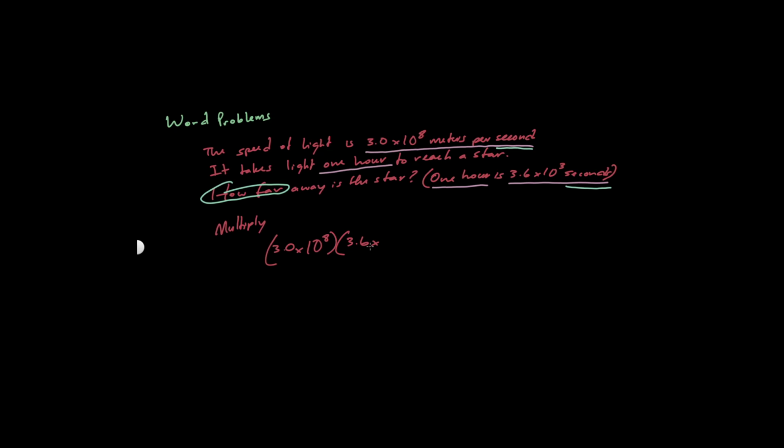It's going at that speed, and it's going to go at that speed for 3.6 times 10 to the 3 seconds. Multiply those together, and you get 1.08 times 10 to the 12th meters. The reason it's meters, if you care, is from the units. The first one is meters per second.